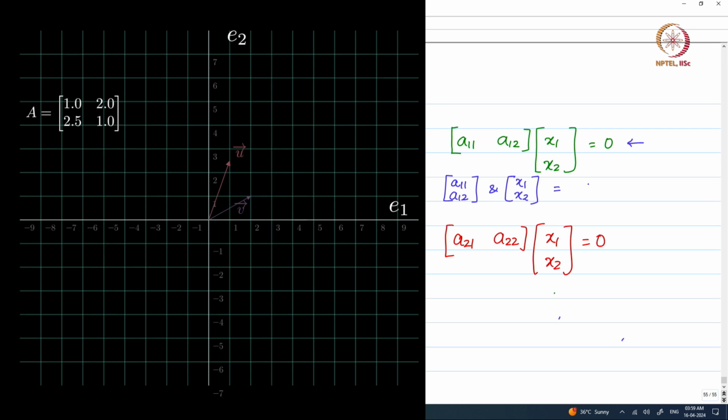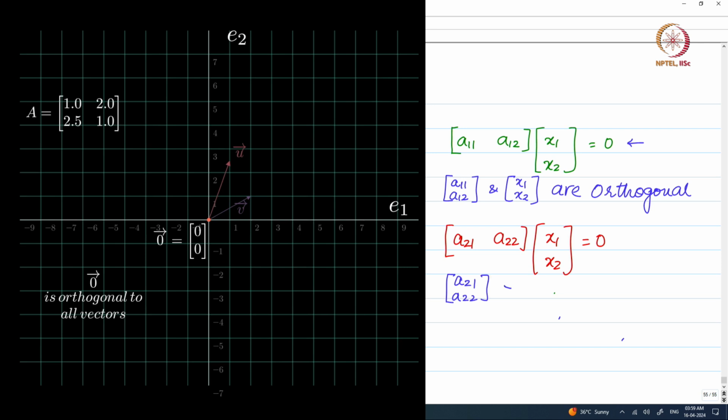That means we are looking for a vector x which is orthogonal to the vector a11, a12. Same is the case here: I have the second row vector, a21, a22, and the same vector x, which is x1, x2, and they are orthogonal.